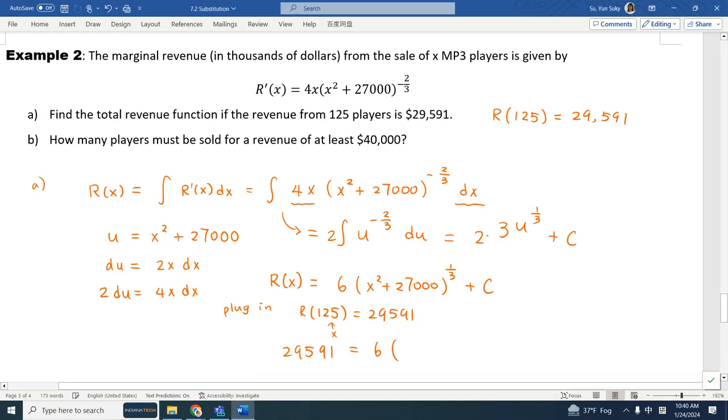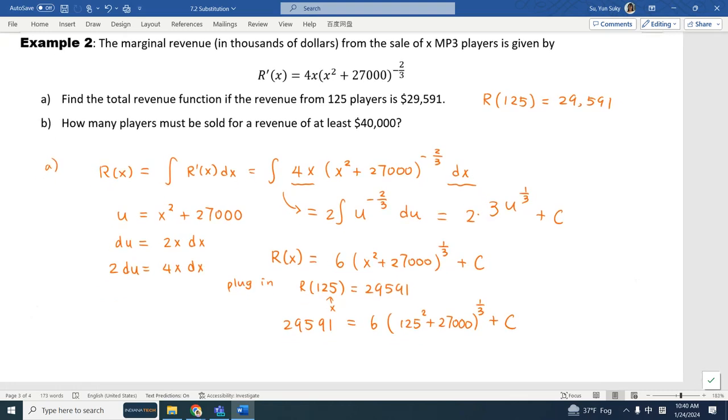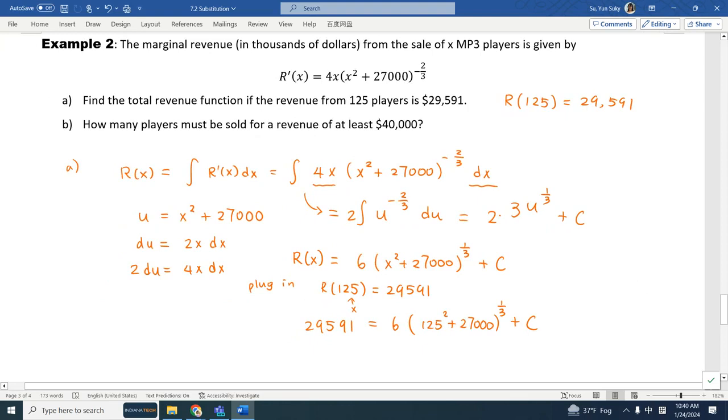Yes, the x is 125 squared plus 27,000 to the 1/3 plus C. Oh, sorry, I didn't see the square. Yeah. See, sometimes I make mistakes too. So check our answer carefully. Okay, let's see. Therefore C equals, subtract that from both sides, so 29591 subtract 6 times 125 squared plus 27,000 to the 1/3.